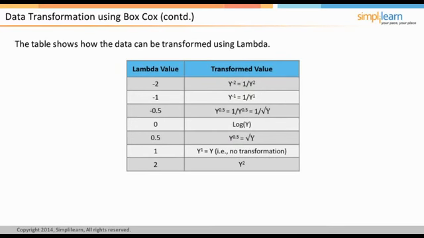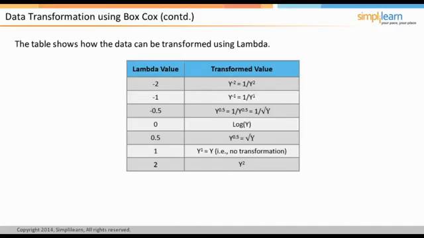The table on the screen shows how the data can be transformed using lambda. The first column lists down values of lambda, and the second column shows the transformed value. If the value of lambda is -2, it becomes y to the power -2 after the transformation, which is 1 divided by y squared.